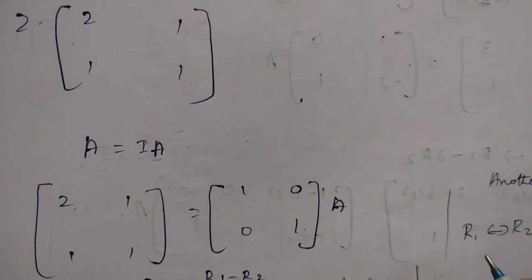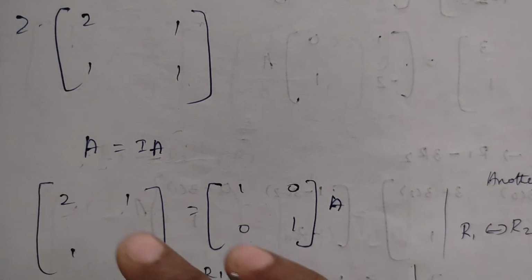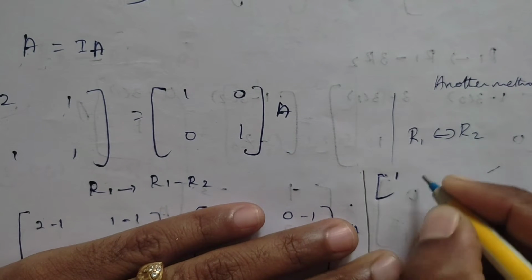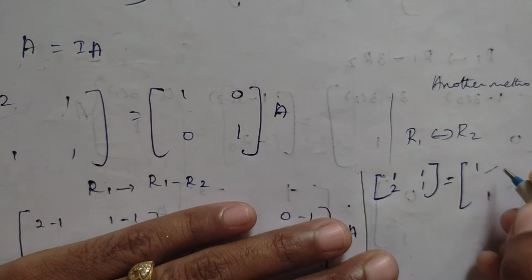So suppose I am using the elementary operation of interchanging the rows. I will be getting 1, 1, 2, 1 equal to 1.